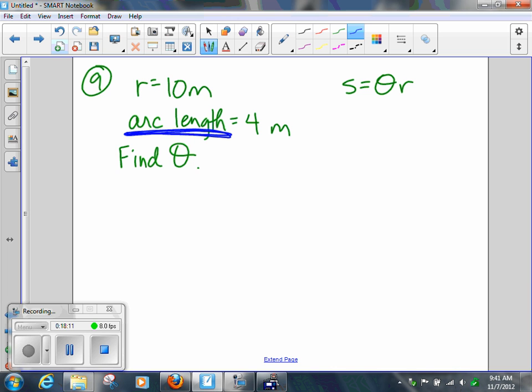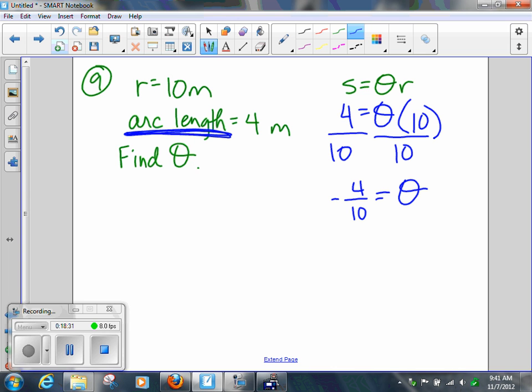Here we go. What do I plug where? What goes in place of S? 4 does. We're finding theta. What's the radius? 10. Yep. Divide by 10. Theta is 4/10 or 2/5 or 0.4.